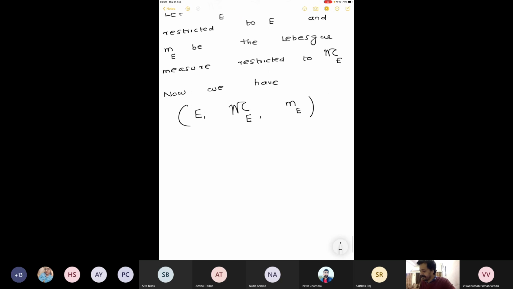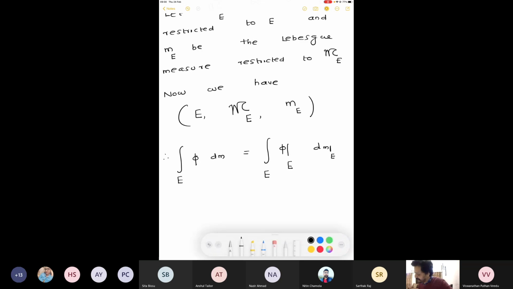Now you can define the integral over E of phi dm as the integral over E. Phi is defined from R to R. Now you restrict it to E: phi restricted to E. And don't take the measure on R. This m on the left-hand side stands for the measure on R. Don't take the measure on R, but take the measure on E: d m suffix E.